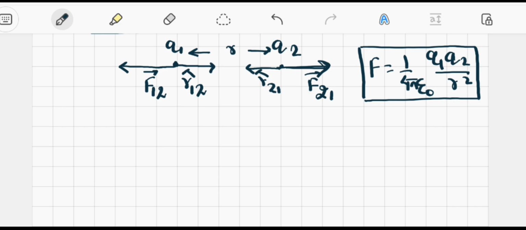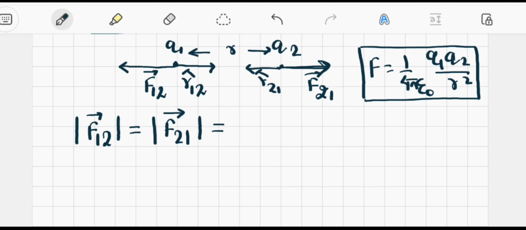Now if we only see the magnitude of both the forces, if we remove the direction, the force on 1 due to 2 will be equal to the force on 2 due to the first charge, which can be written as 1 by 4 pi epsilon naught Q1 Q2 upon R square, in the magnitude form only.